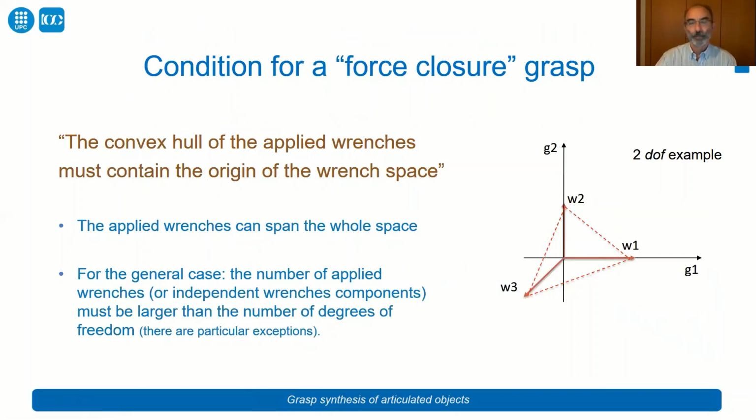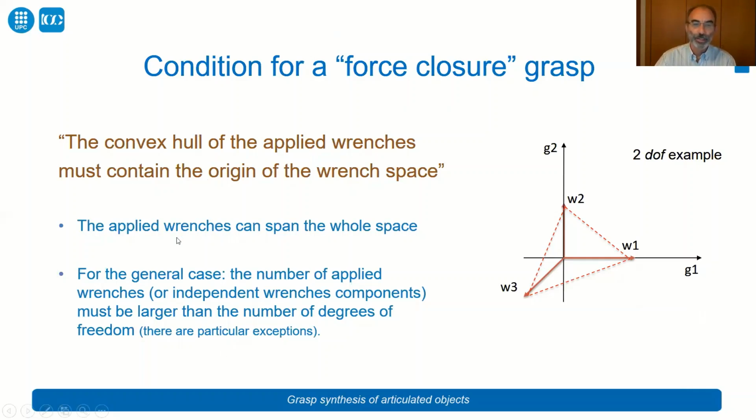So I will remind the condition for a foreclosure grasp, that is, the convex hull of the applied wrenches on the object must contain the origin of the wrench space. And this is very well known for solid objects.